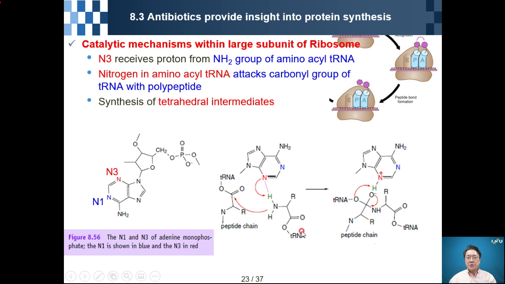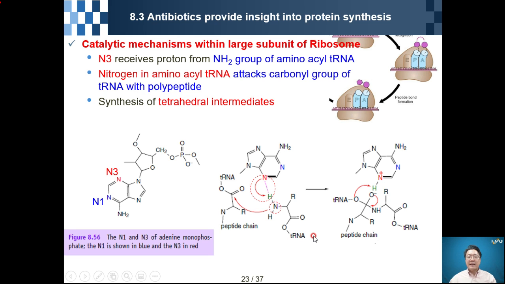First of all, in the large subunit, the N3 of the adenine monophosphate receives the proton, the H, from the NH2 group of the aminoacyl-tRNA.